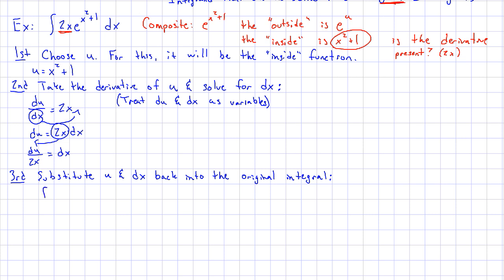What I started with was the integral of 2x e to the x squared plus 1 dx. I have now assigned u to be x squared plus 1, so that will be replaced with u. And I have assigned dx to be du over 2x. So I will rewrite this as the integral of 2x e to the u times du over 2x.